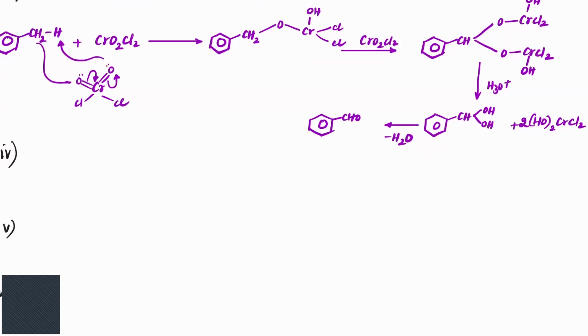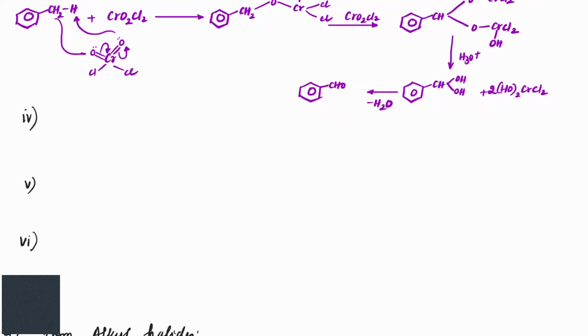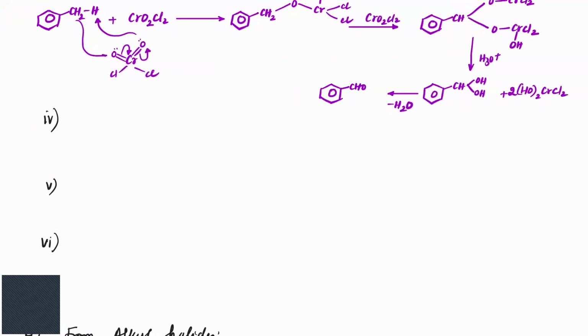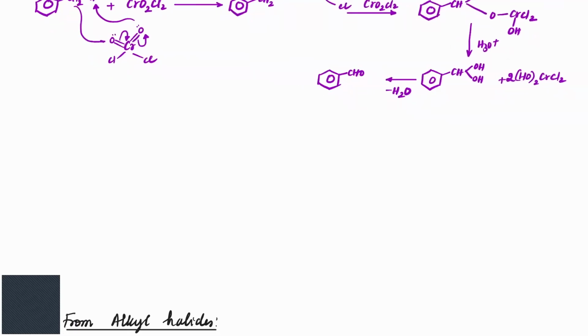Now, the problem is that the chromium that is forming has a chance to get oxidized further. So you see, we have Cr with two OH groups here, and two Cl here, correct?